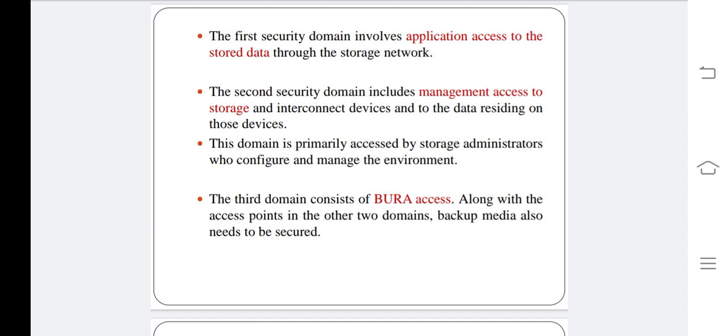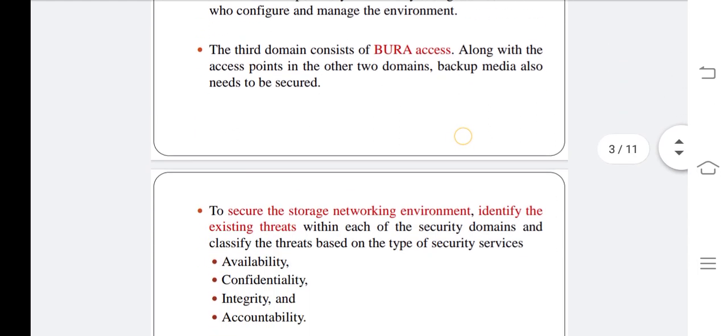The third domain consists of backup, recovery, and archive access. Along with the access points in the other two domains, backup media also need to be secured.